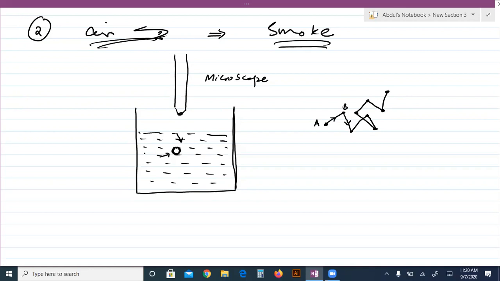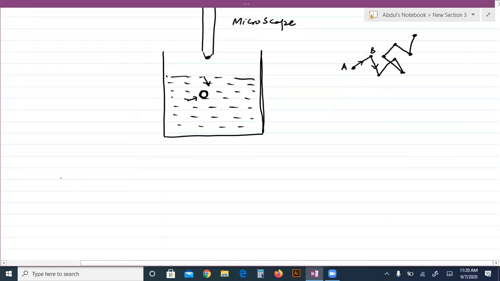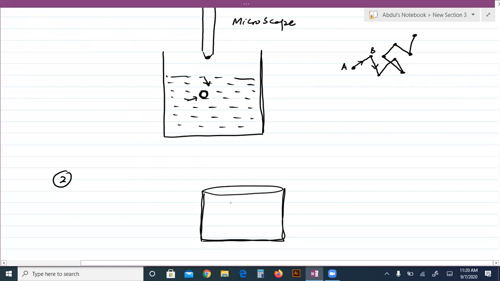Similarly, number 2, if this is the cylinder and it contains the mixture of the air and smoke. With the help of the convex lens, the converging lens, light is focused on this container.